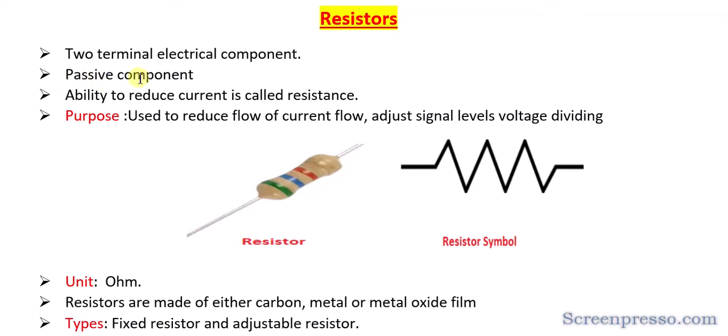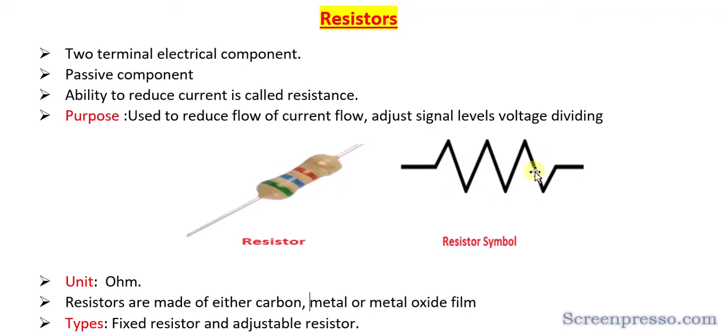And one more important thing which has to be remembered is that it is a passive component. So what is a passive component? A passive component is a component in which power or energy is not required to function.